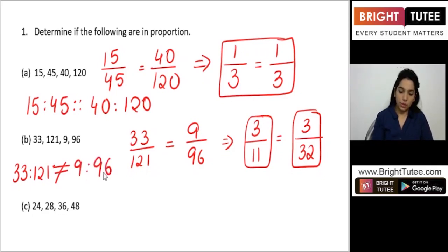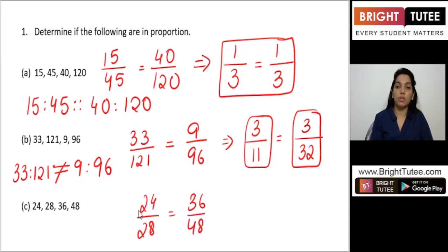Right? The next one is 24 over 28 equals 36 over 48. Let us check what is 24 over 28. On dividing 24 and 28 by 4, 24 divided by 4 gives 6, and at the denominator we get 7. Now let us see what we can divide 36 and 48 by. Both these numbers are divisible by 2.